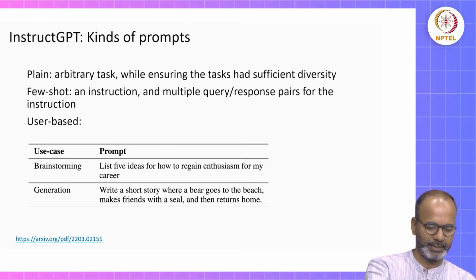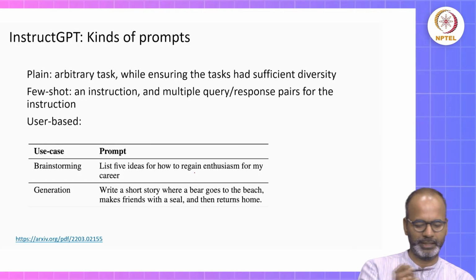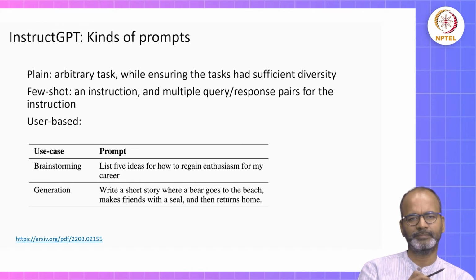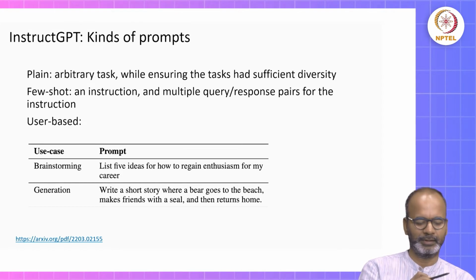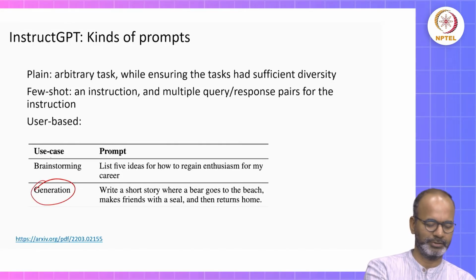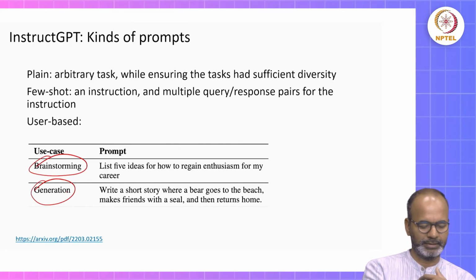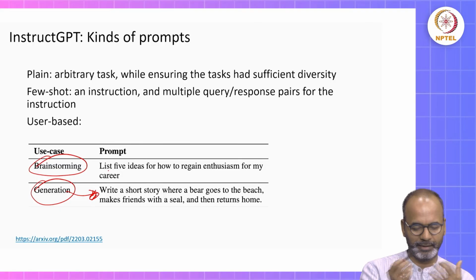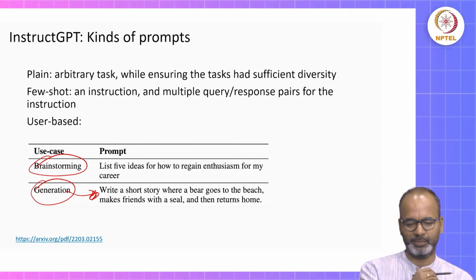User-based is, for example, brainstorming: list a few ideas for how to regain enthusiasm for my career. You want to generate something: write a short story where a beggar goes to the beach, makes friends with the seal, and then returns home. This is generation of content, more so creative content. Brainstorming is more like, I want some general idea about how things are done.